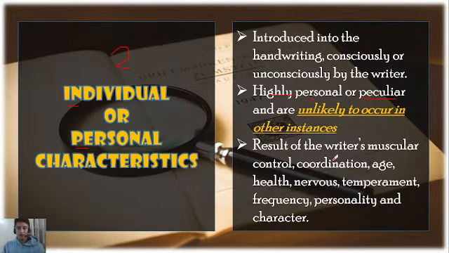In other words, okay, so bakit kaya nagkakaroon ng ganito? Bakit kaya nagkakaroon tayo ng sariling style in handwriting? Okay, sabi nga natin sa principle of handwriting, no two writers write exactly the same. So that is the principle. That's why sabi ko sa inyo nun, we have here now the individual characteristics or personal characteristics.